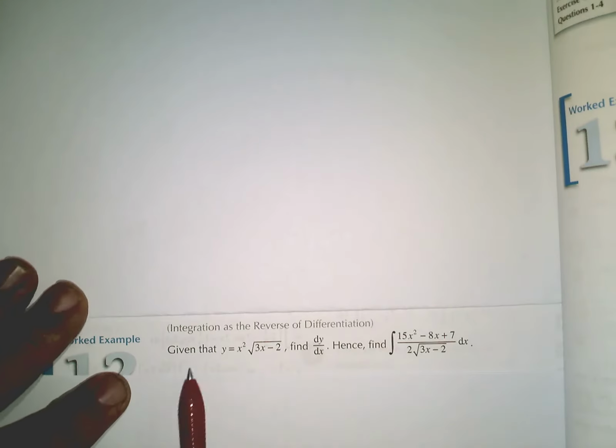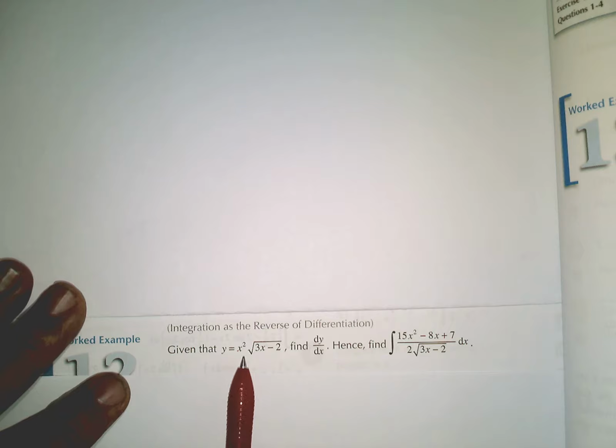So just open your book. It says, given that y is equal to x squared times the square root of 3x minus 2, find dy/dx, hence find the integral of this. Again, don't panic.